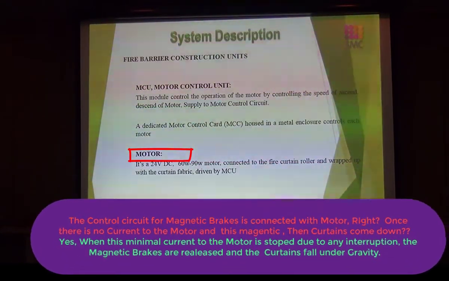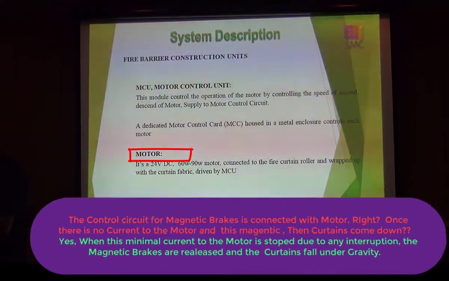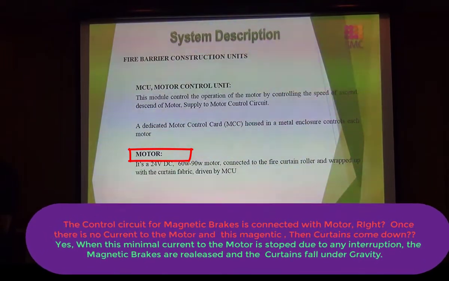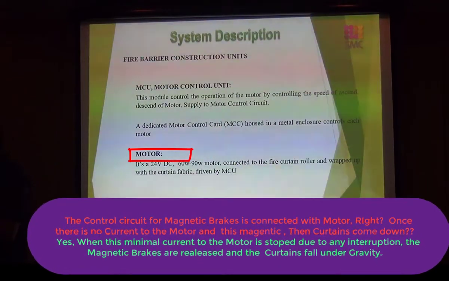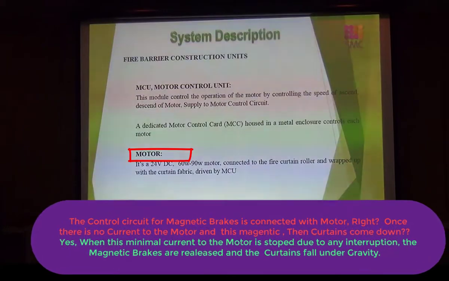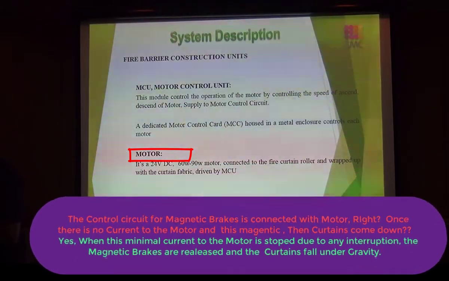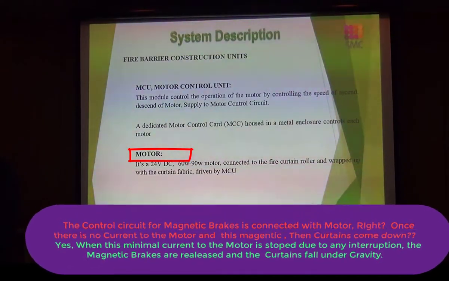So when the load current is changing, the speed is changing, and when it is finally retracted, all the curtain is up and the load reaches a certain limit, then it applies the magnetic brakes. This circuit provides approximately 8 watts of power just to keep the brakes energized. If there is any problem, it cuts the circuit.